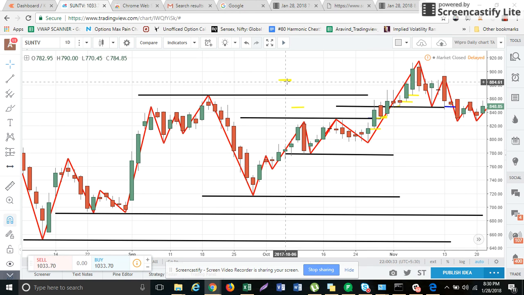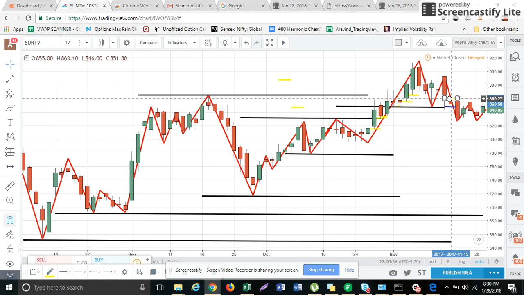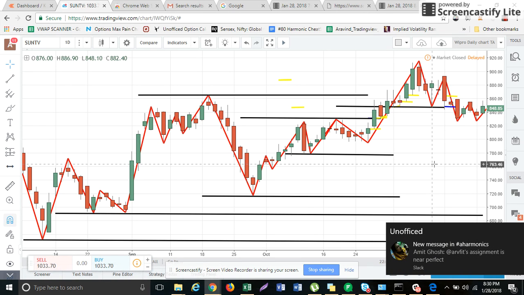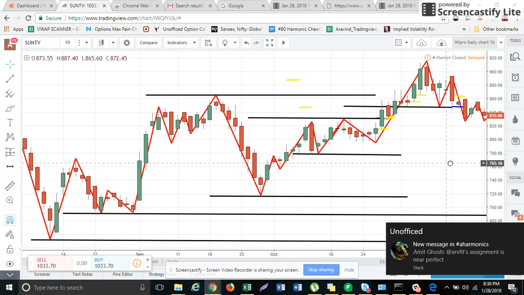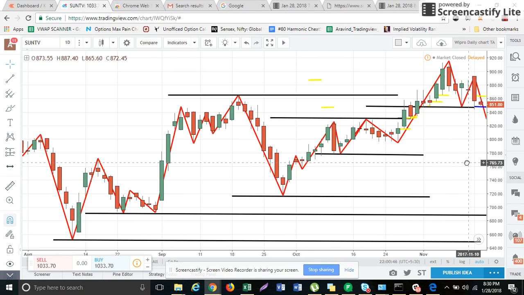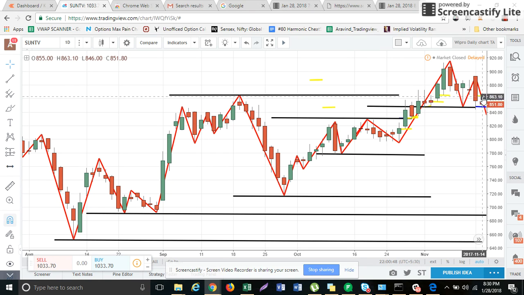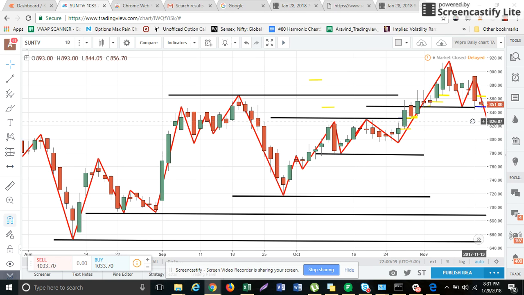So let's update our stop loss as well, 860. So we entered our trade after breaking this particular swing low. Let's see what happened on the next day.